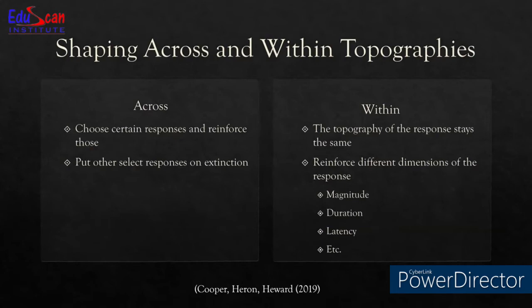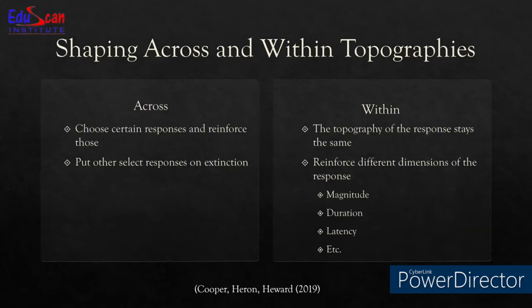So if we are shaping across behavior, we are trying to change how the response looks. We are choosing certain responses and reinforcing those by putting other selected responses on extinction. This is what you typically think about when we shape.